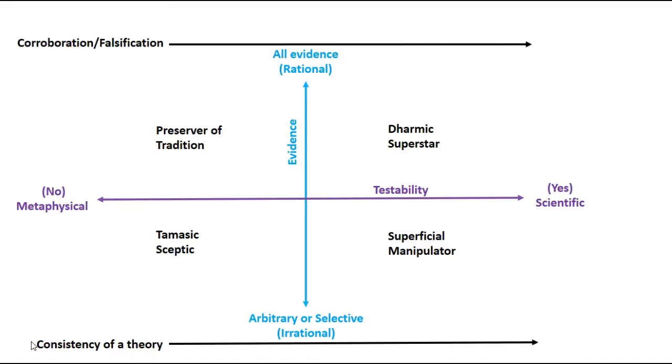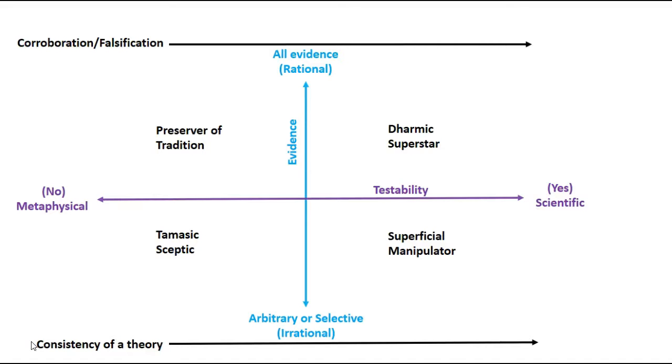Now, I want you to recognize that in any scientific research effort, when all the relevant evidence is tested, it's perfectly normal, although the goal is that all the evidence should be corroborated by a theory, that not all of it will be corroborated. That's the most likely scenario.